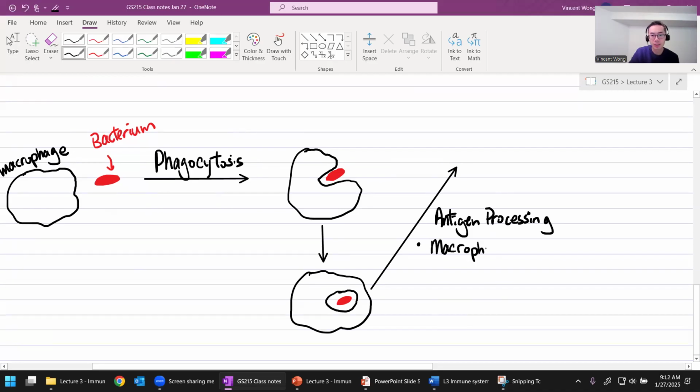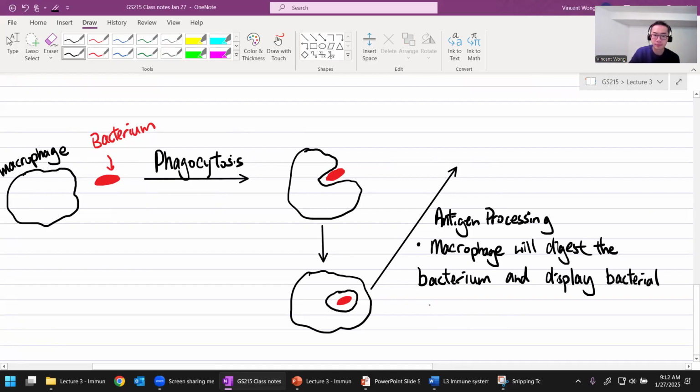Macrophage will digest the bacteria, the bacterium, and display bacterial antigens on cell membrane. It's like this. Okay, watch first, and I'll give you time to copy.